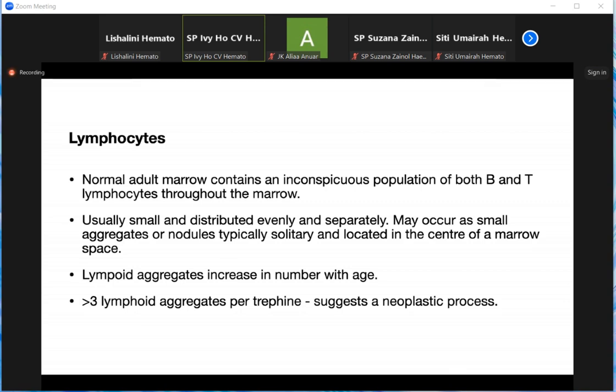These lymphoid aggregates tend to increase in number with age, which means if this is an elder adult marrow and you see lymphoid aggregates, don't worry, it's fine as long as it's not more than 3 lymphoid aggregates per trephine. If you see 1 or 2 of them, they are quite normal. But if you do see lymphoid aggregates in a pediatric trephine biopsy, beware, this is abnormal.